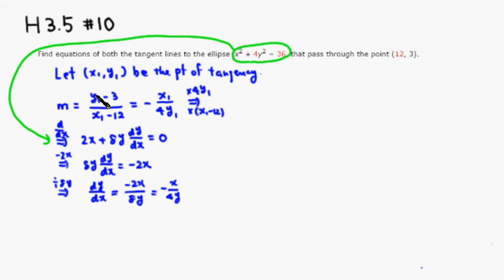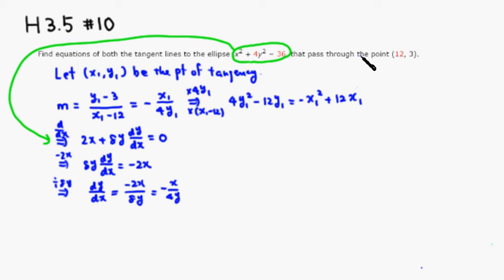If you do that, you get 4y1 squared minus 12y1 equals negative x1 squared plus 12x1.